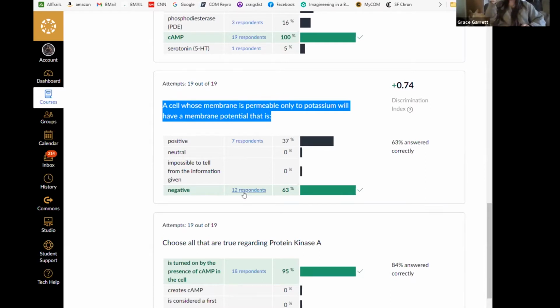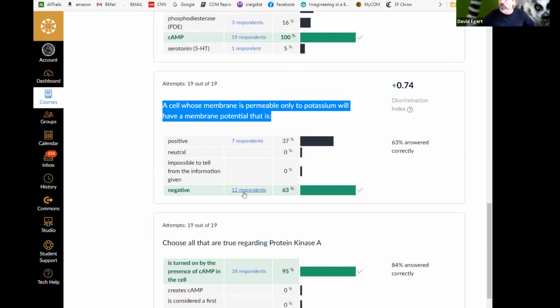So you're going to have positive leaving the cell. And so now we're creating this charge imbalance where it's going to be more positive outside, more negative inside, because the positive is leaving the inside of the cell, going out of the cell. So that's going to leave the cell being more overall negative. Remember, the membrane voltage we always talk about as being the inside with respect to the outside.